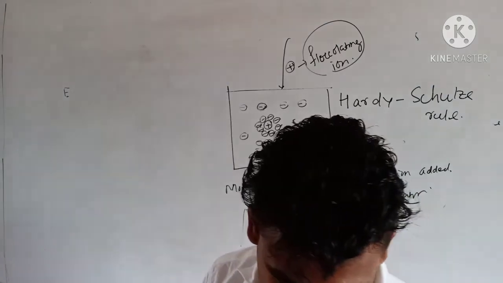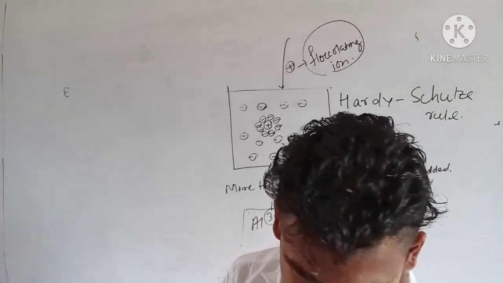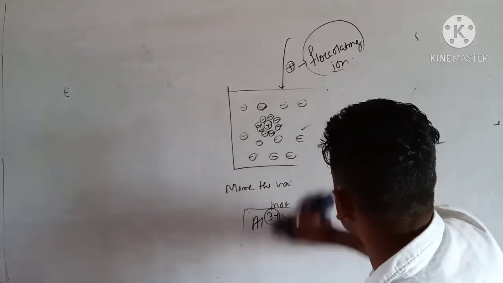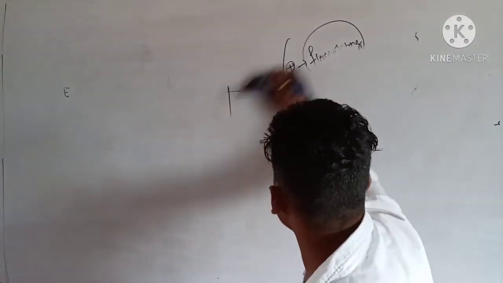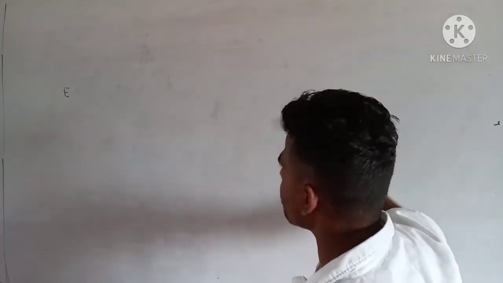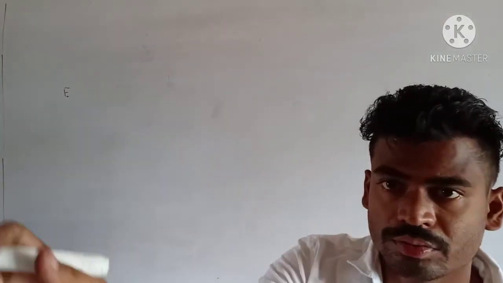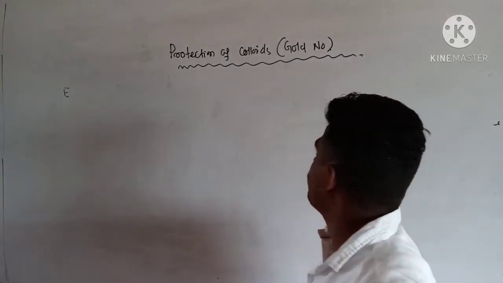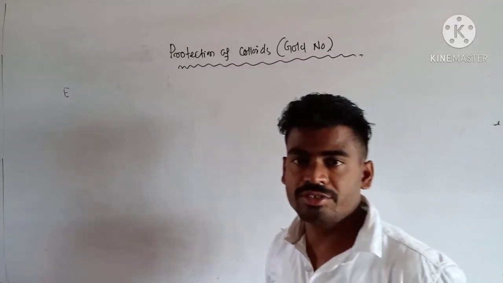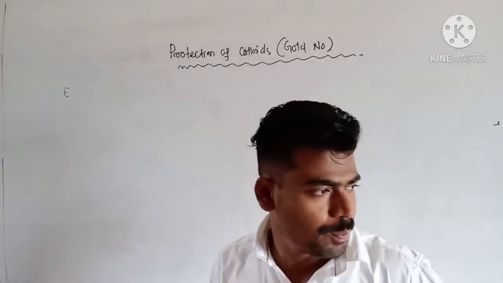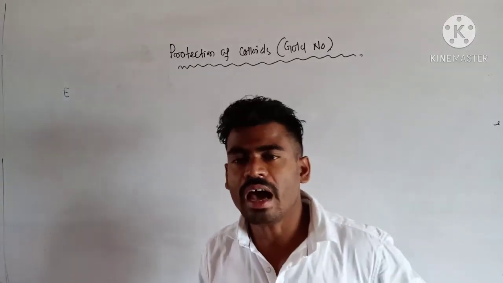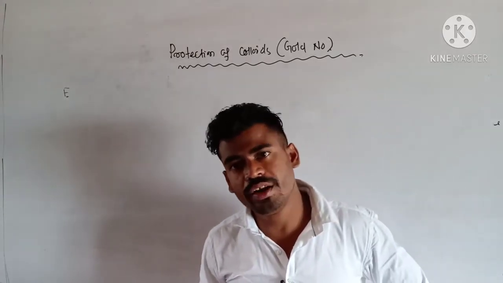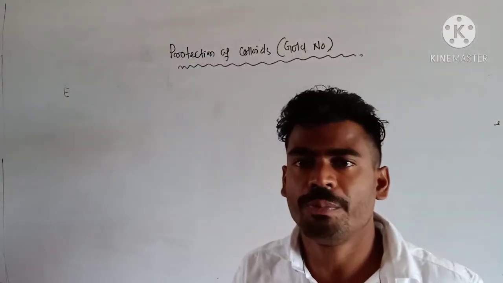Okay, so next we need to discuss, very important, gold number, that is the protection of colloids. Since, you know, lyophobic sols are unstable, in order to protect lyophobic sols we need a protective agent, that is a lyophilic sol.